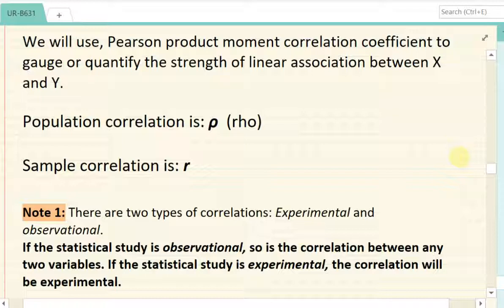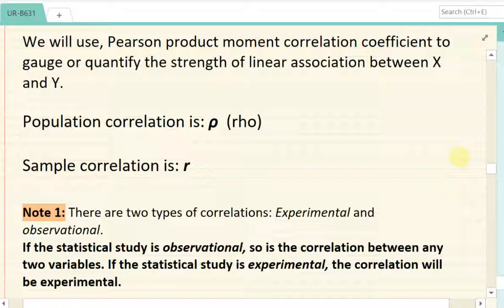First one: there are 2 types of correlation in our work. We have experimental and observational correlations. The observational correlations arise in observational studies, and experimental correlations arise from experimental studies.